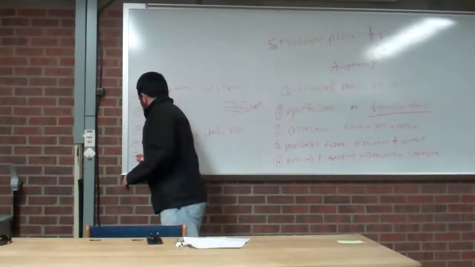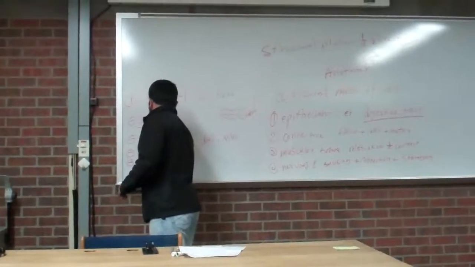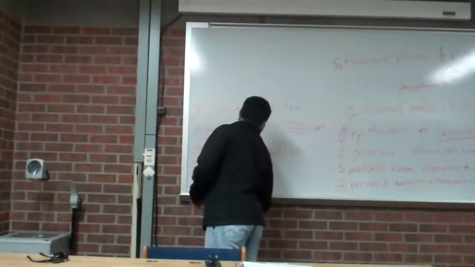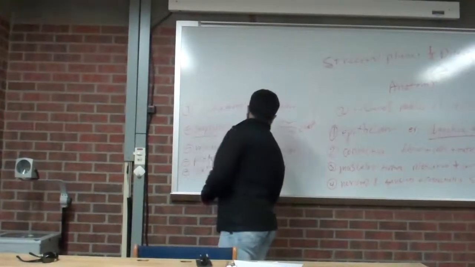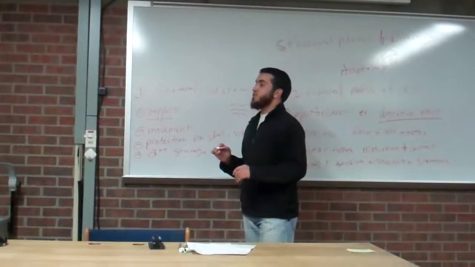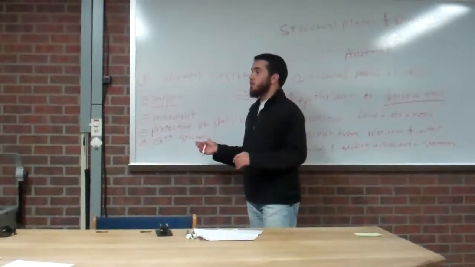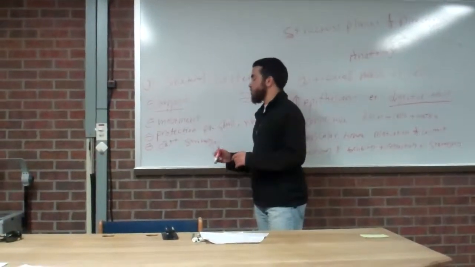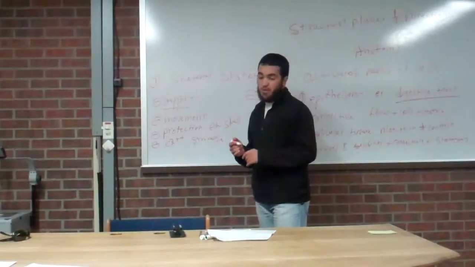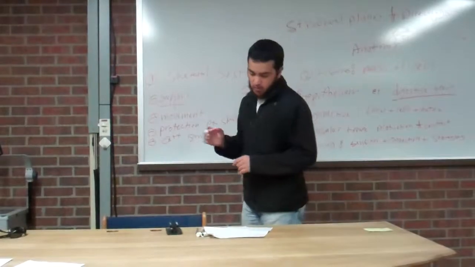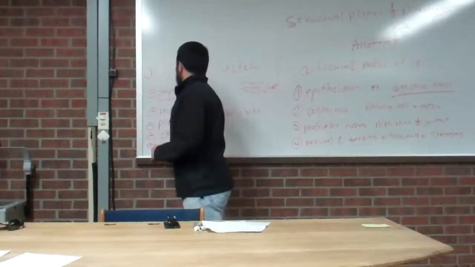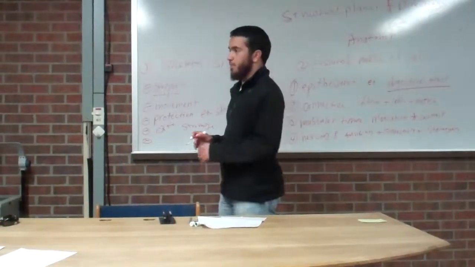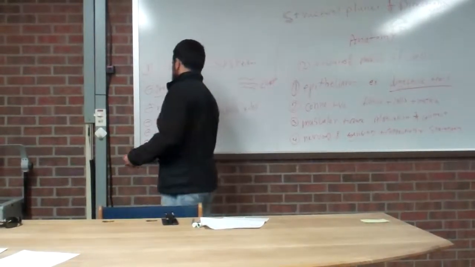Another function is calcium storage. Since your body consists of calcium, the bones act as calcium storage to support your body with calcium. The next function of the skeletal system is storage for bone marrow.